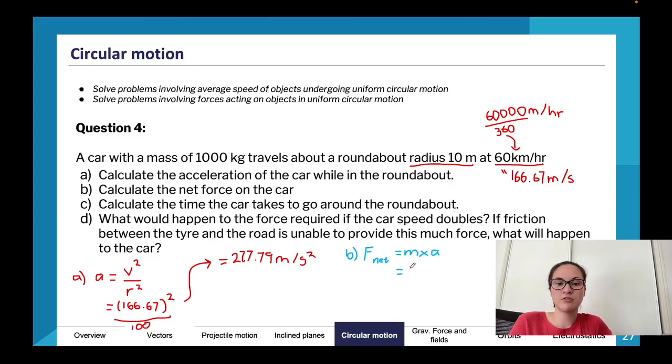So we're going to say it's 1,000, not 100, sorry, 1,000 multiplied by 277.79. And that's going to be a very big number.